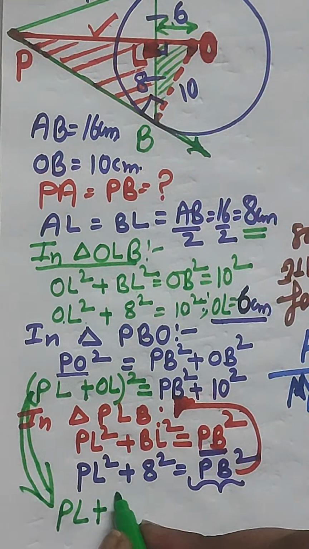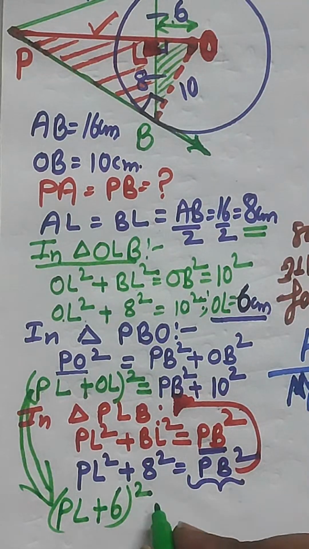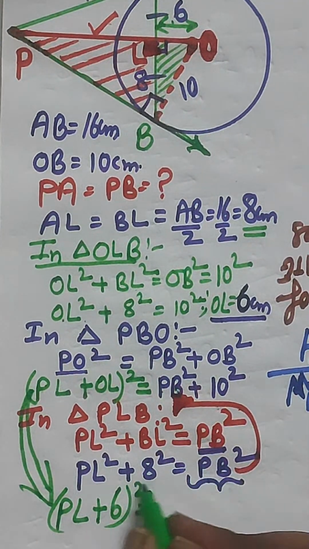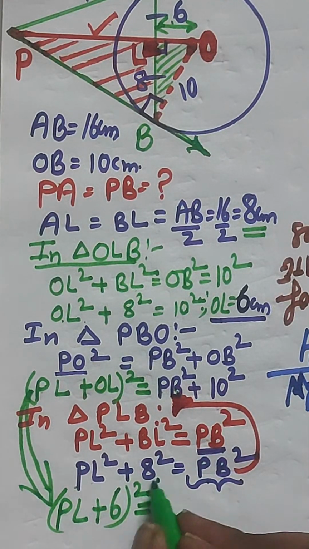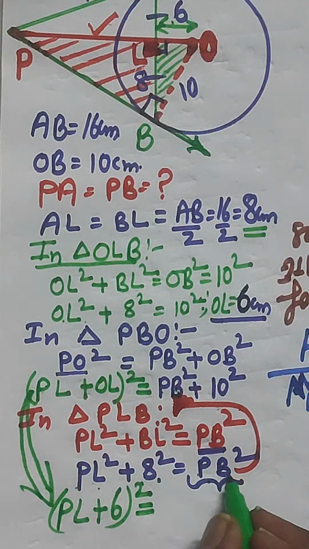So PL plus 6 whole square is equal to PB square. In place of PB square, write PL square plus 8 square, because we have already derived from triangle PLB the value of PB square.